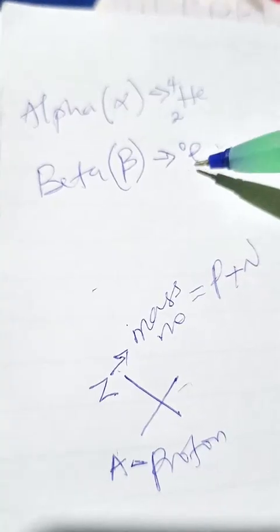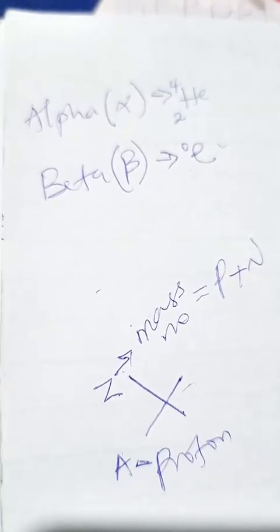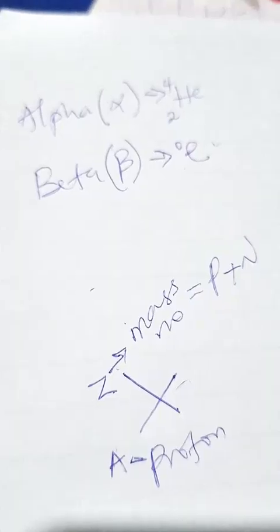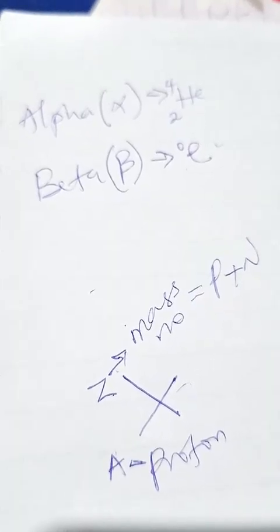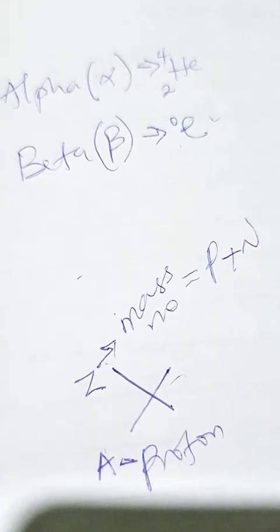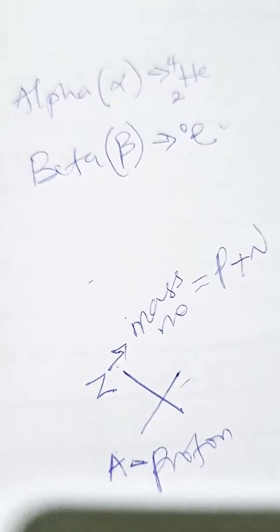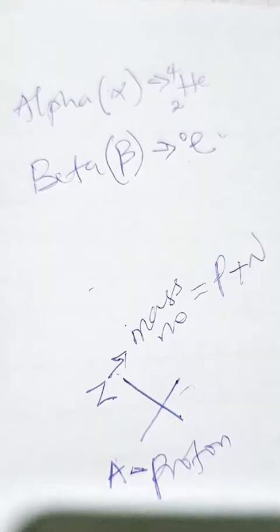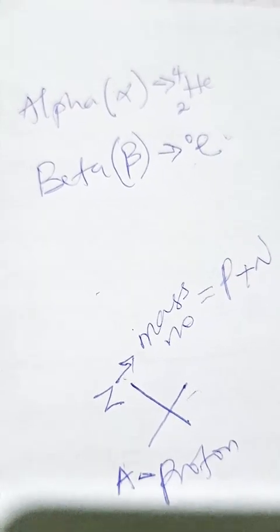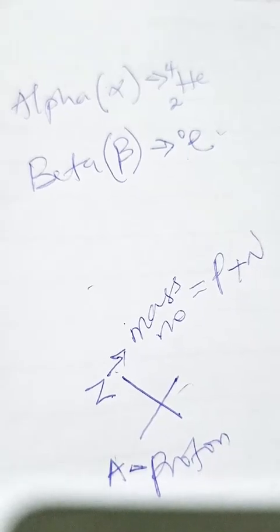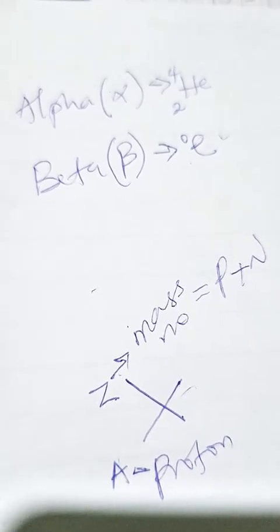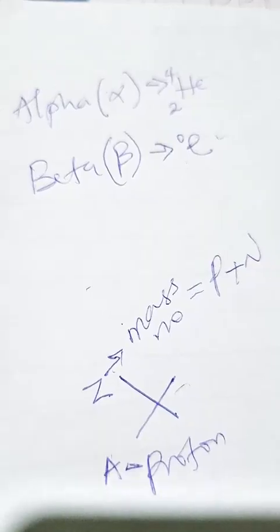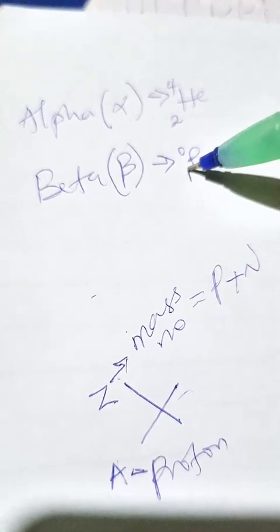Then the number of protons is supposed to be down here, and you remember for a neutral atom the number of protons and the number of electrons are the same. The electron does not have a proton number, but it's an electron on its own, so it's going to have 1 electron, so it's going to be 1 here.